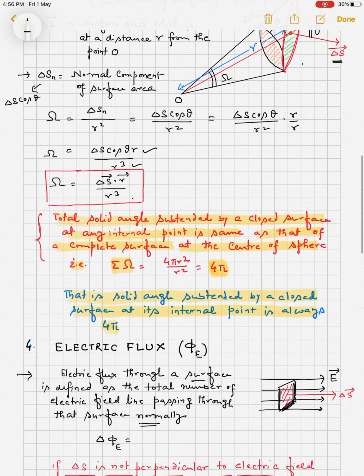Here a surface has area delta S and area vector delta S vector. E is the electric field strength.